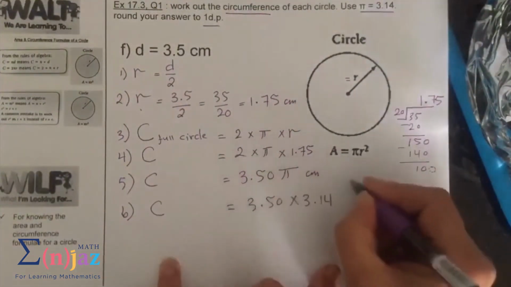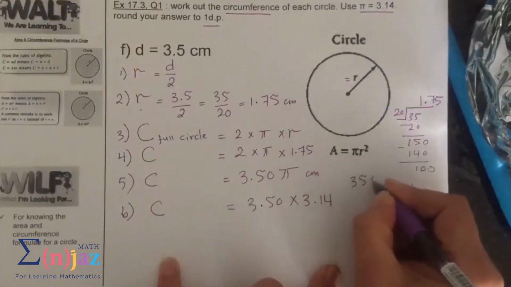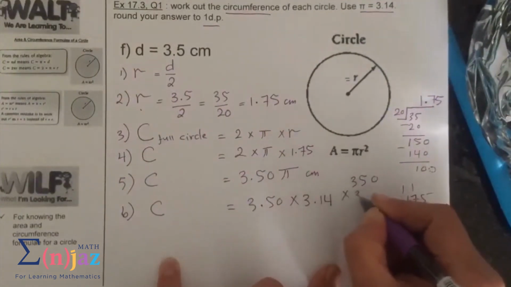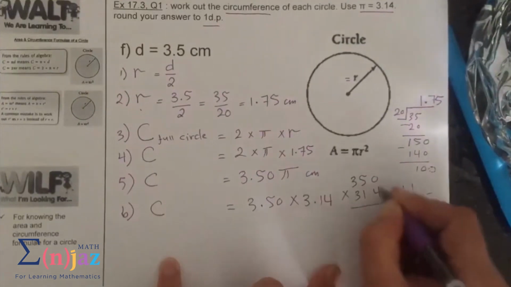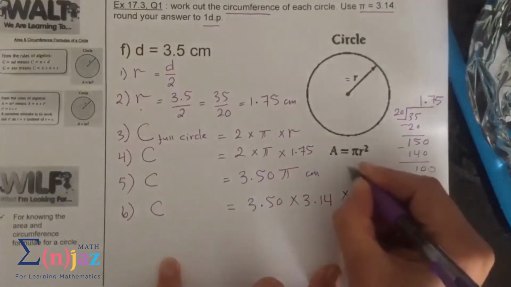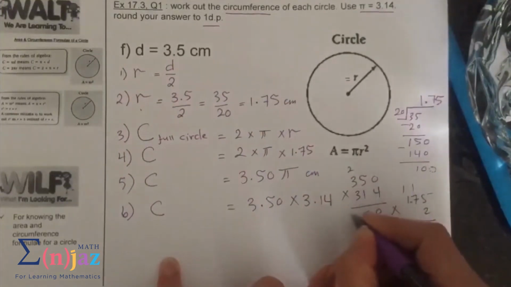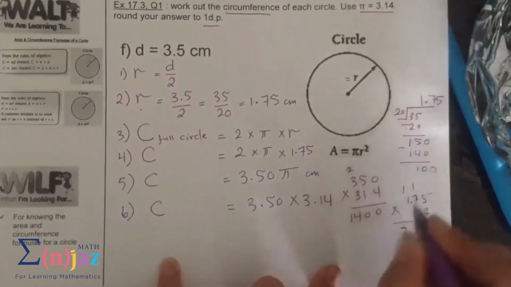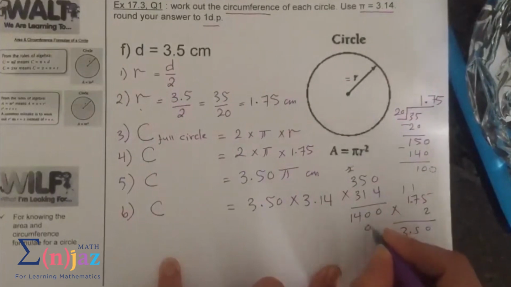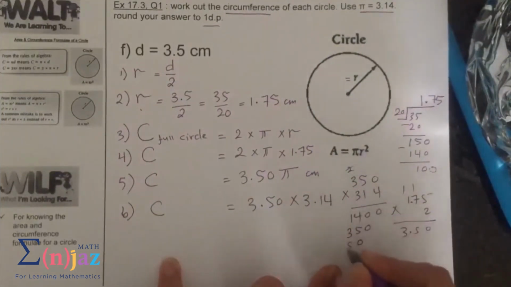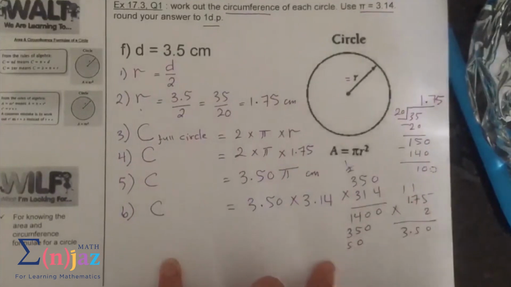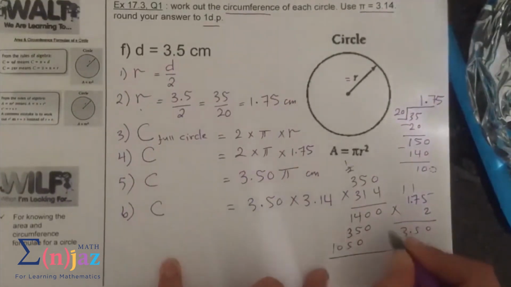Ignore the decimals, so it's 350 times 314. 4 times 0 is 0, 4 times 5 is 20, 4 times 3 is 12, 2 is 14. Cross this one out. 1 times 0 is 0, 1 times 5 is 5, 1 times 3 is 3. 3 times 0 is 0, 3 times 5 is 15, 3 times 3 is 9, and 1 is 10.